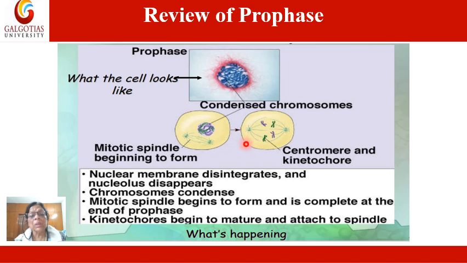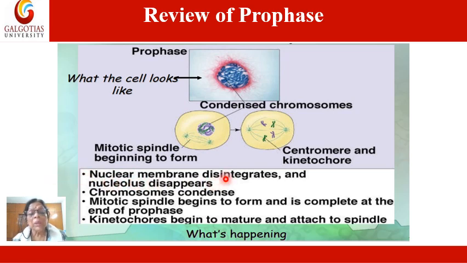And now this is the next stage, when the centromere and kinetochore look like this. The astral fibers to which the centromere is attached are known as kinetochores. So these are the kinetochores to which the two chromatids of the chromosome are attached. Now, what are the highlights of this?